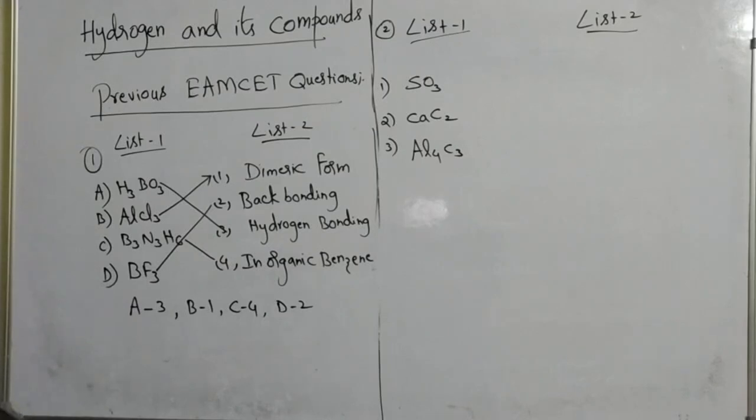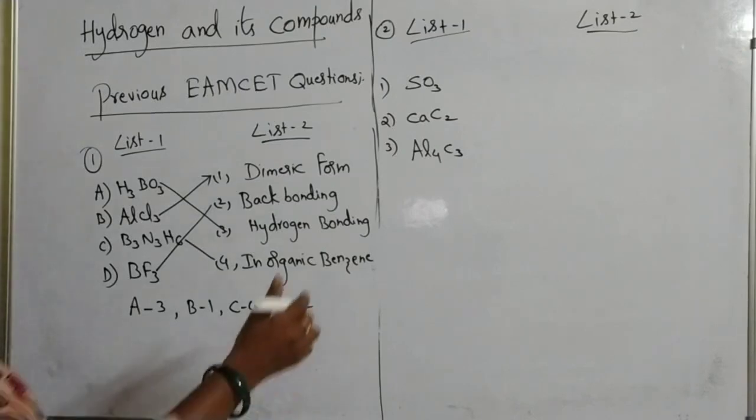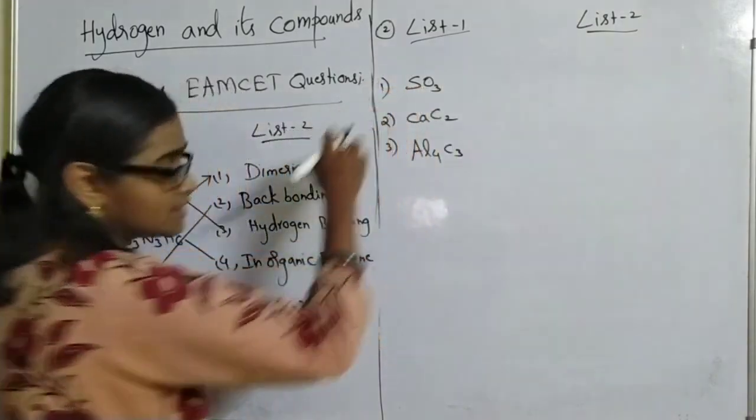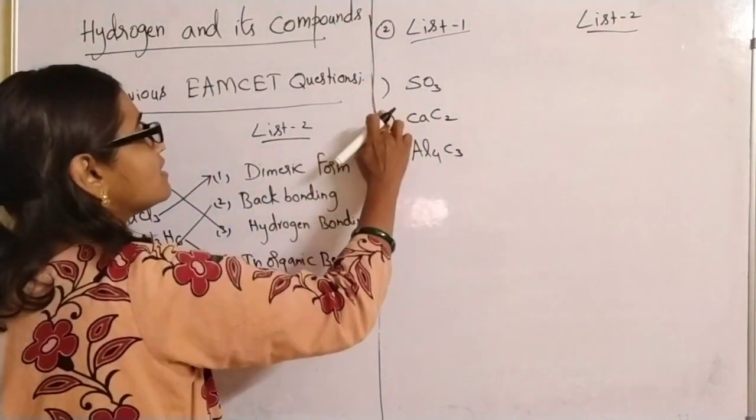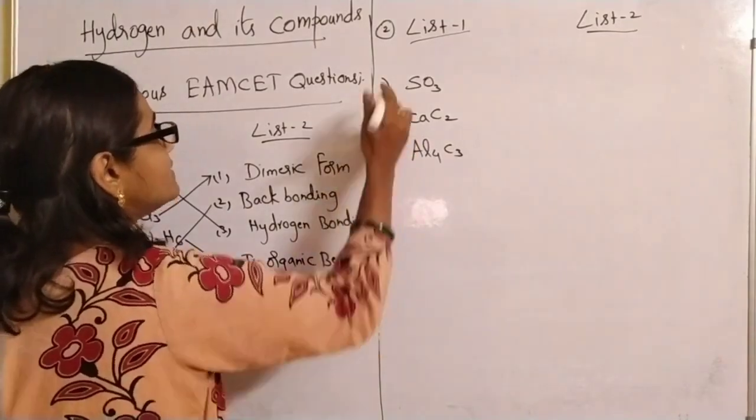And in list 2, C2D2, CD4, D2SO3. See here, I think this side he gave it like ABC, instead of 1, 2, 3.